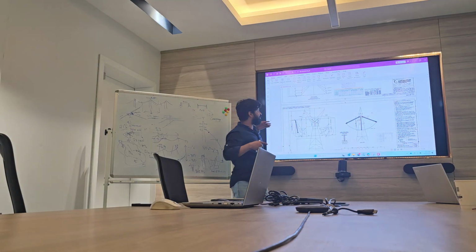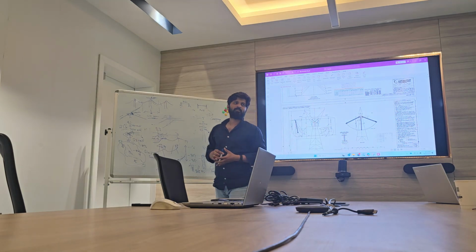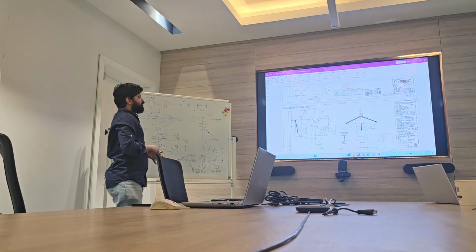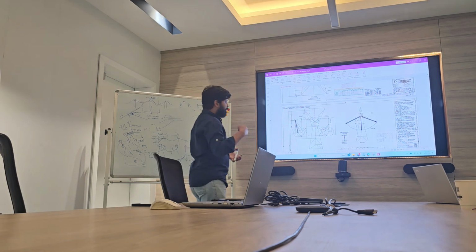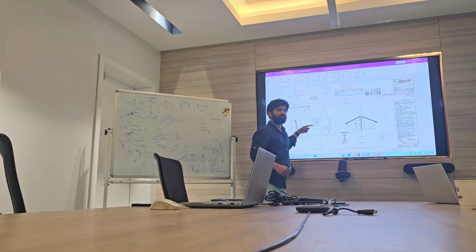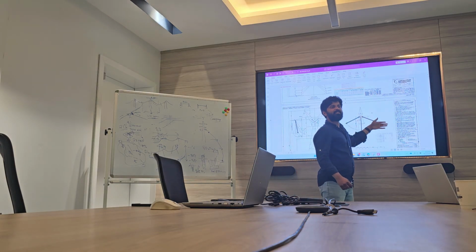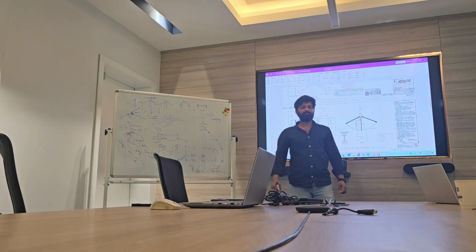When the conductor is like this and the wind blows like this, it hits the transverse face. So when I say transverse load, it's in this direction, on the transverse face. When I talk about longitudinal load, it's in this direction, the same as the longitudinal face.